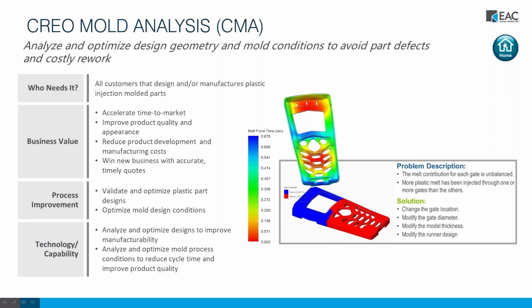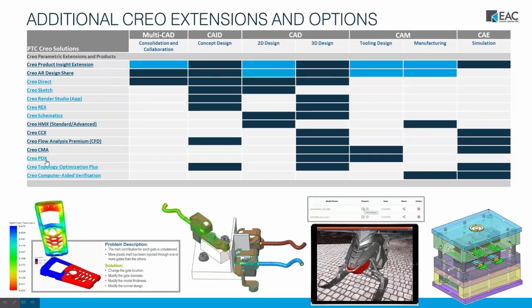So we'll go back, take a look at PDX, Progressive Die Extension, again, creating your die layout for progressive die manufacturing. Then we have Creo Topology Optimization Plus. So we saw the topology optimization before.